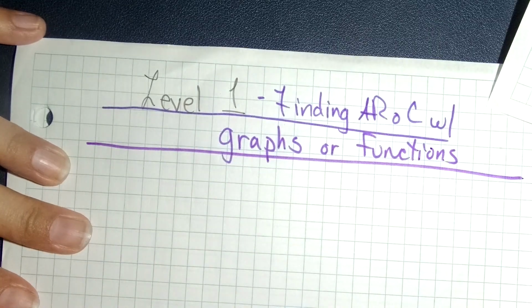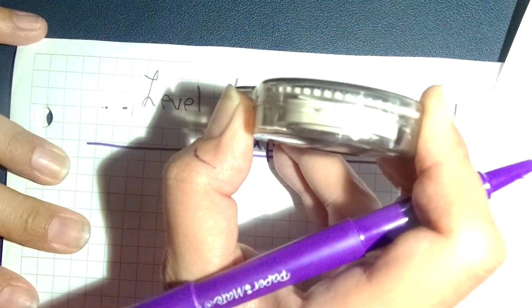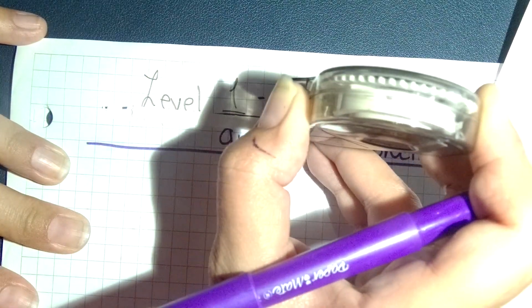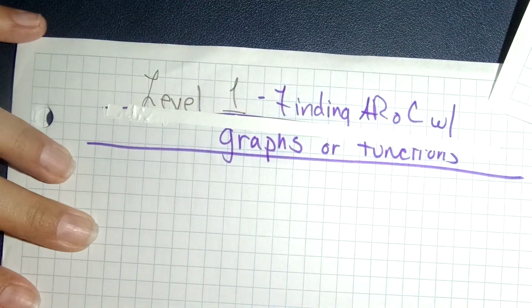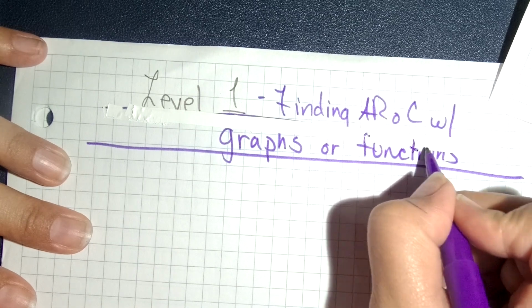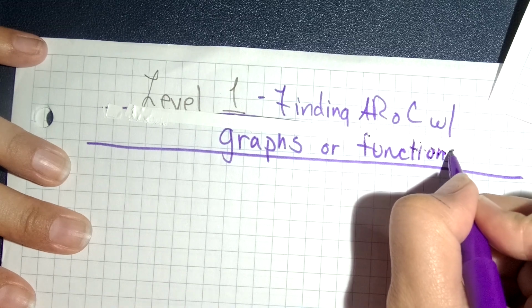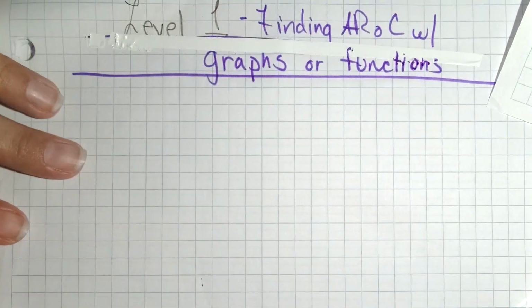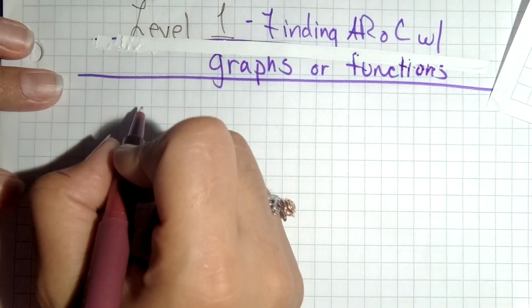So what we're talking about today will be level 1. I'm going to give you the steps on how to find these, and then we'll go over examples.